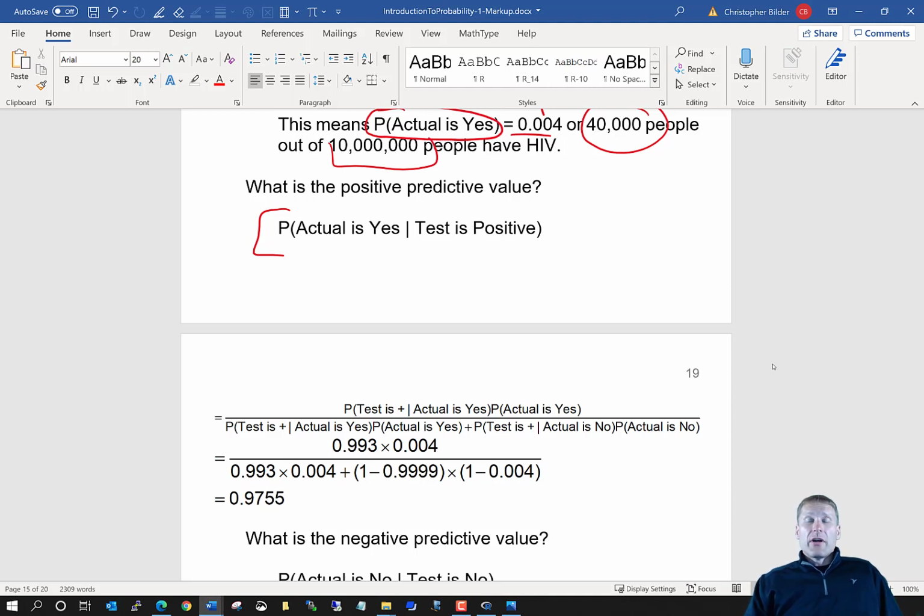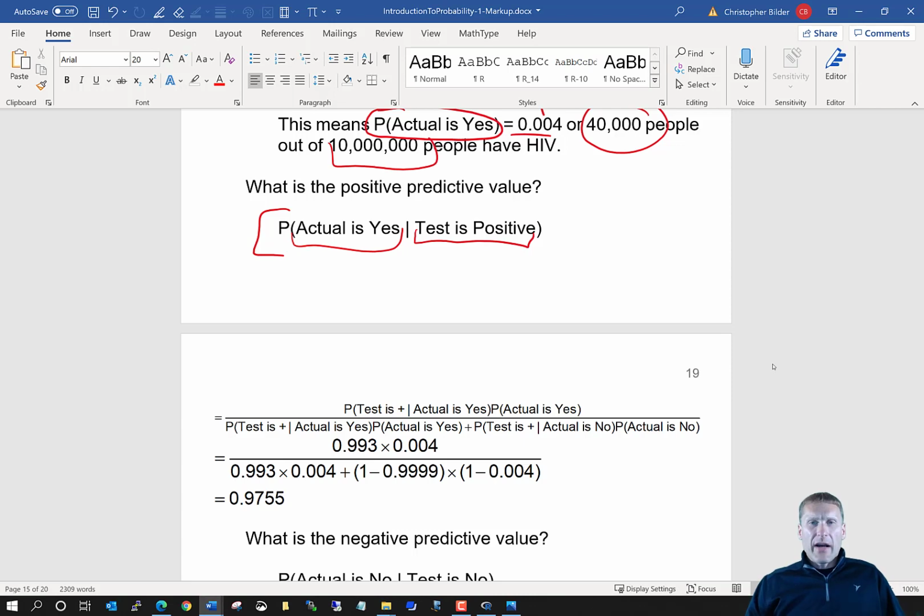Your doctor walks in and says, "Okay, I have the test results, and I'm sorry to report that the test was positive." Well, what's the first question that you should ask that doctor? You should ask, what's the positive predictive value? In other words, given that I tested positive, what's the probability that I truly do have the disease?